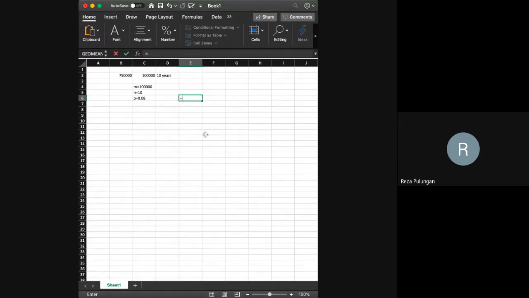This will be equal to this M here, multiplied by 1 plus 0.08 minus, this one is 1 divided by 1 plus 0.08.